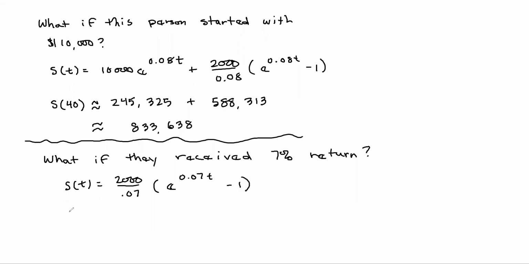If you simplify that, 2,000 over 0.07 is approximately 28,571. And then we can plug in our 40 years. After 40 years, how much will they have? They'll have 441,269.